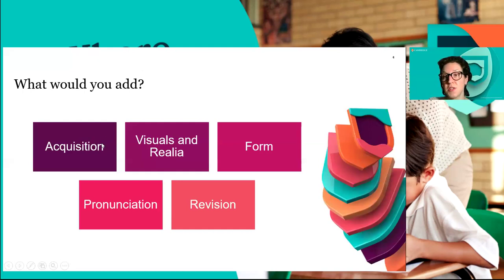At the moment of acquisition, which I have here first, it is very important to work on the meaning, to create the concept so students can understand and differentiate the words. And the moment of visuals and realia actually comes along with acquisition and also can go along with the form, pronunciation, and revision points. But visuals and realia are more like an instrument to personalize the language, to recognize the language.